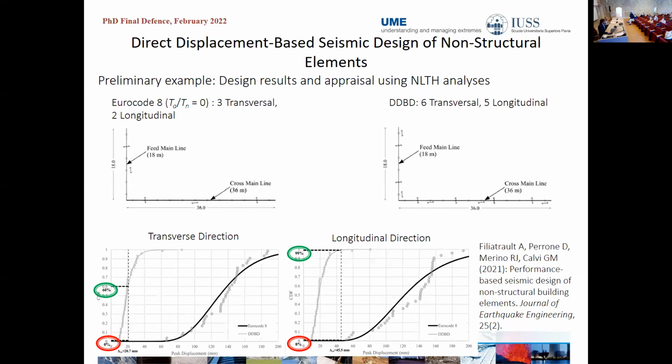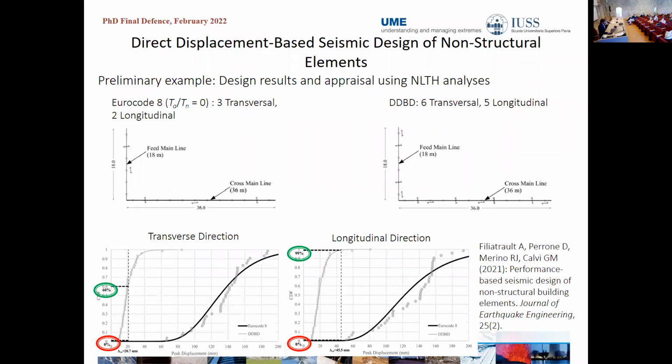In the case of the direct displacement-based design procedure in the transverse direction, which is the one that governs the design, since the target displacement in the transverse direction is lower than in the longitudinal direction, the probability of occurrence of the target displacement is 60%, while for Eurocode 8 it is 0%.